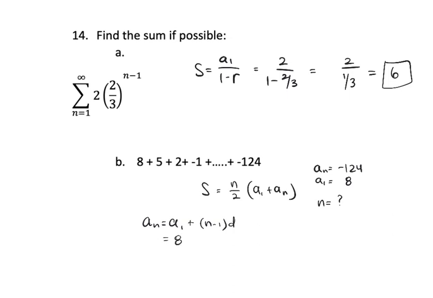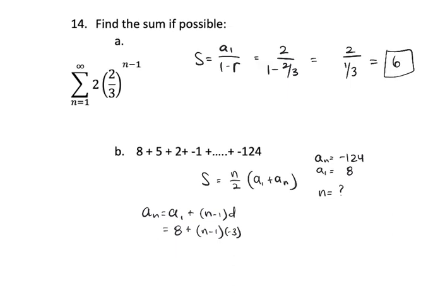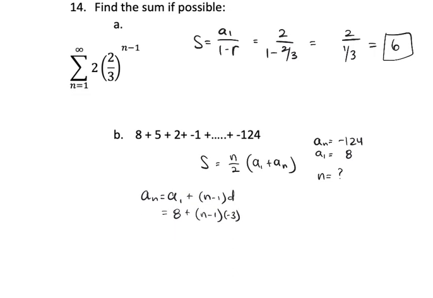We know the common difference is negative 3. So the nth term is negative 3n plus 11. That's the formula that describes this sequence.